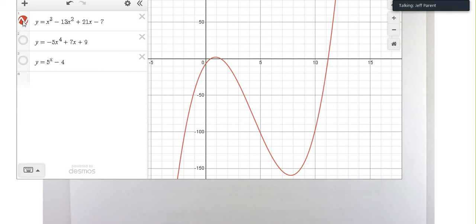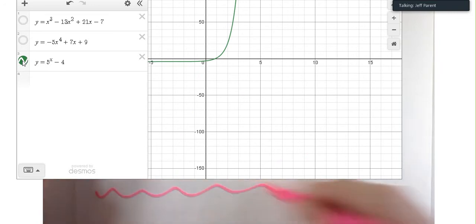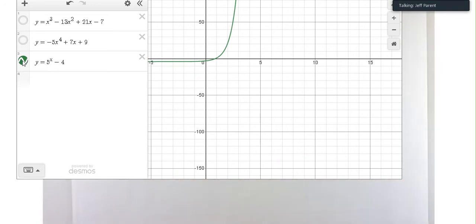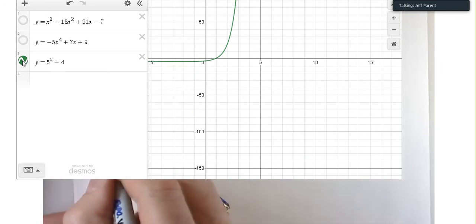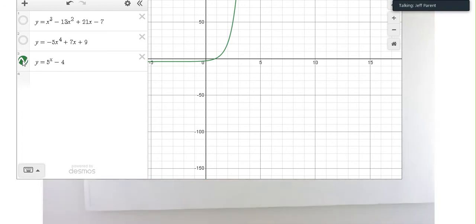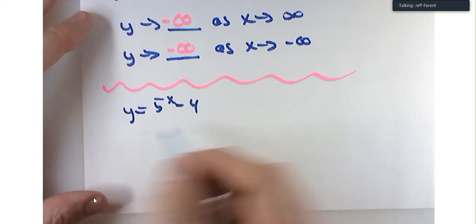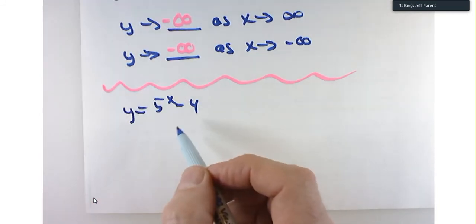While we're here working on those limit kind of things, let's take a look at y equals 5 to the x minus 4. So there is a problem like this here, and I think it's here just to remind you of a couple things. First of all, they're going to ask you what kind of function this is.